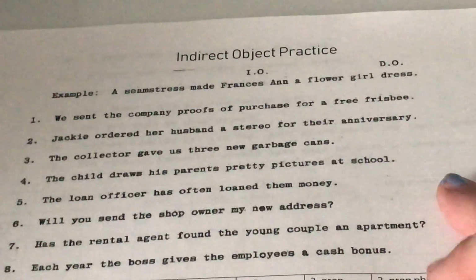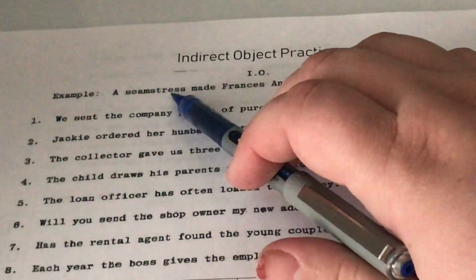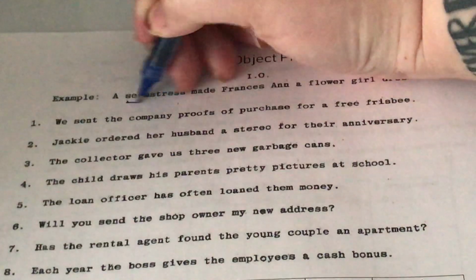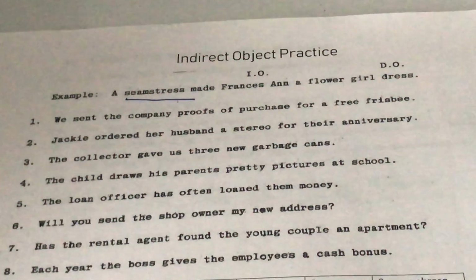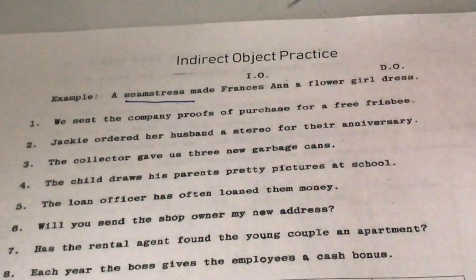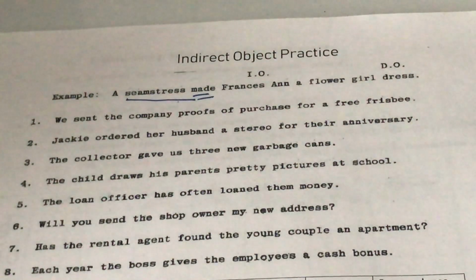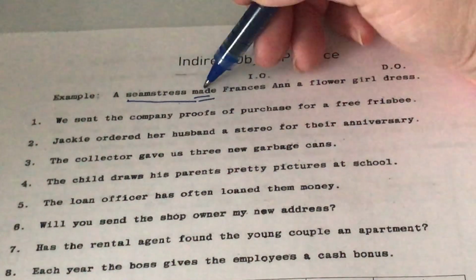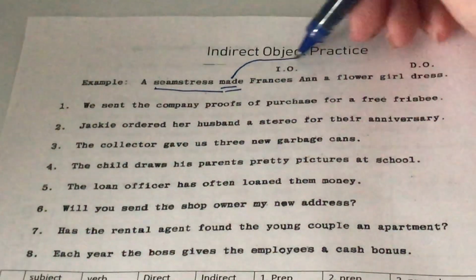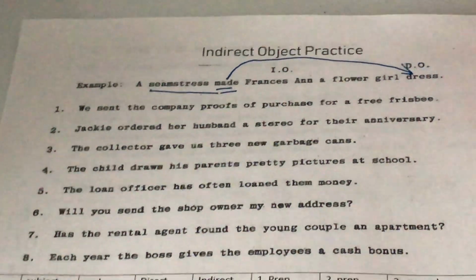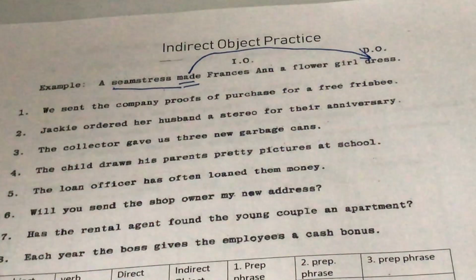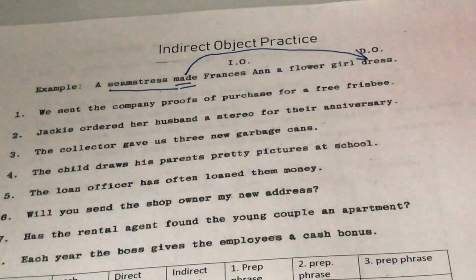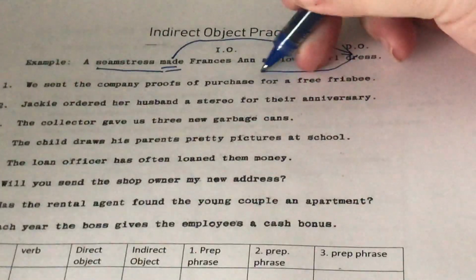So we've got our example up here. A seamstress, that's my subject. Made is my verb. She made what? A dress. She made the dress for whom? Frances Ann.